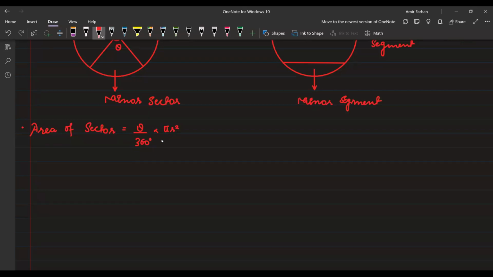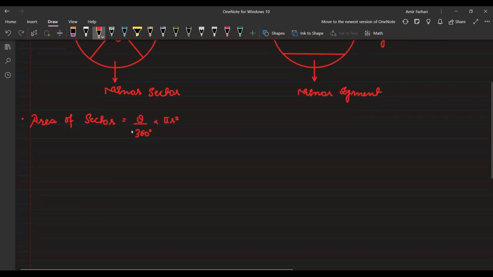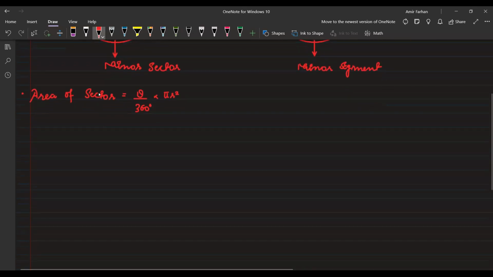This is the value for the area of the minor sector.